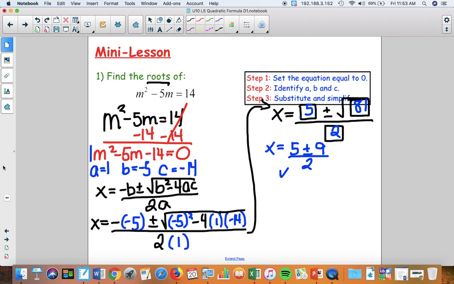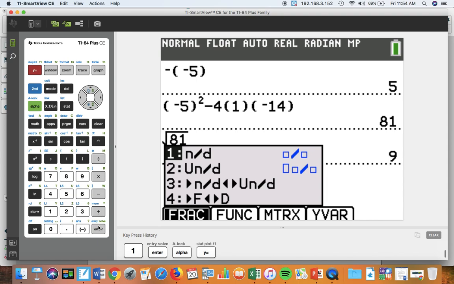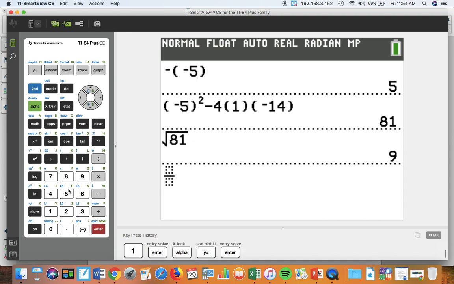To get our 2 answers, we split this up, and we have x equals 5. We use the plus or minus to get our 2 answers, so plus 9 over 2. And the second one would be 5 minus 9 over 2. So you can use mental math if you'd like, or you can use your calculator. I like using the alpha y equals button. Okay, we would have 5 plus 9 over 2.